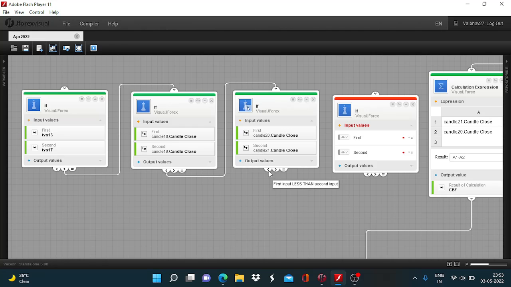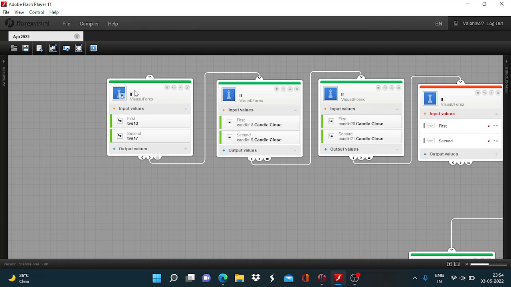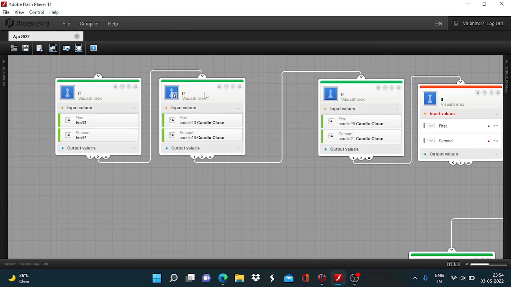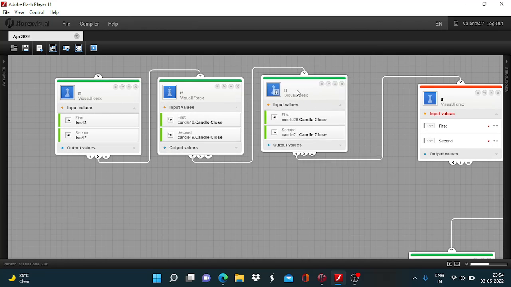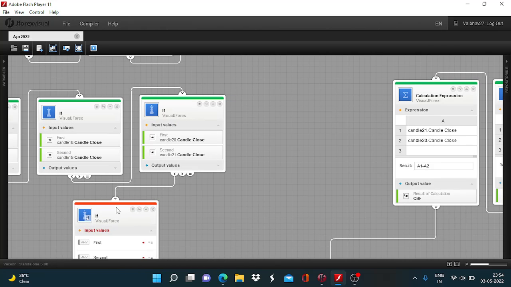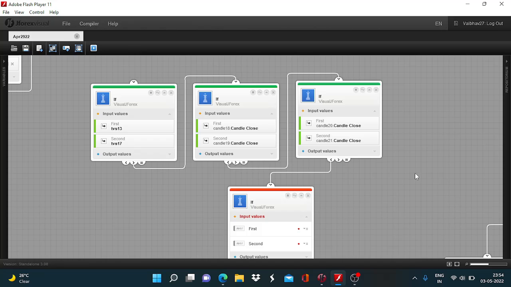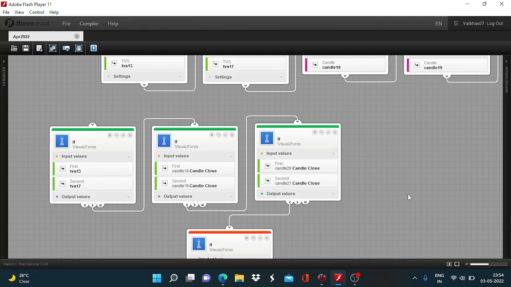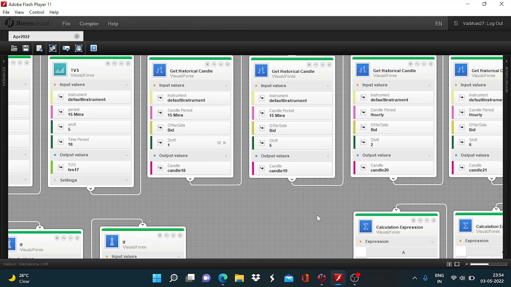First input less than second input, okay, and then as and when the price will start to rise above the last 15-minute candle close, we will go for the execution of the new trade.